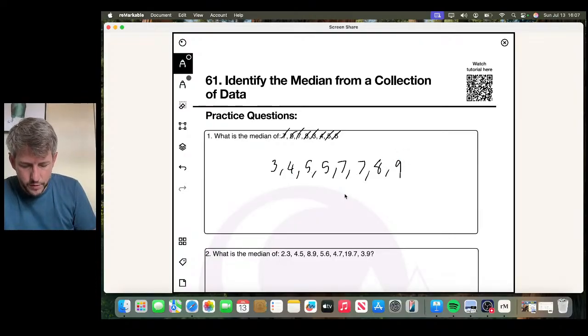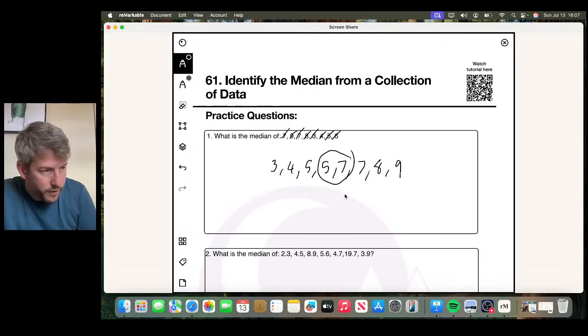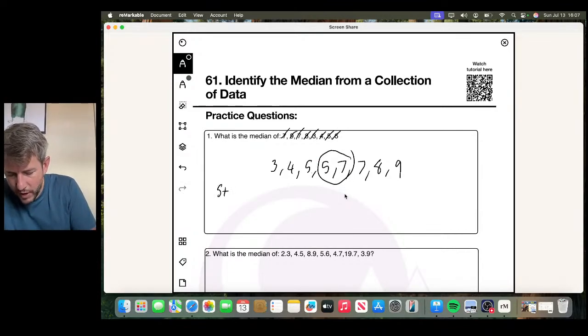Okay, 1, 2, 3, 4, 5, 6, 7, 8. There are two numbers in the middle this time, 5 and 7. We don't report two medians. What we actually do is find the middle of the middle numbers. So we're going to do 5 add 7 divided by 2. 5 add 7 is 12. 12 over 2 will be 6.